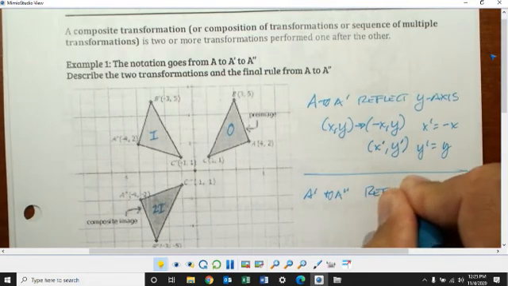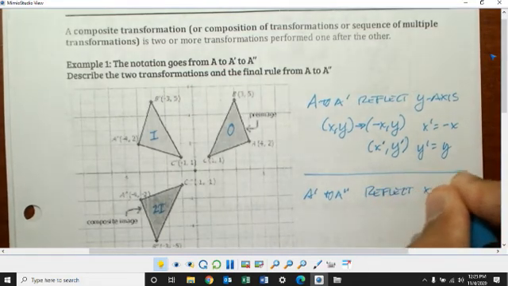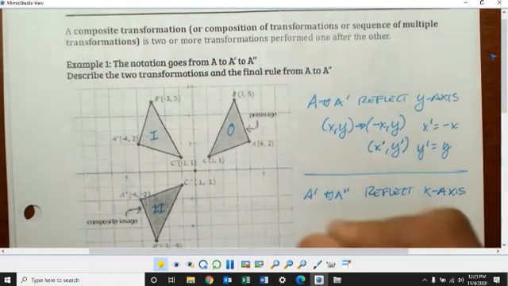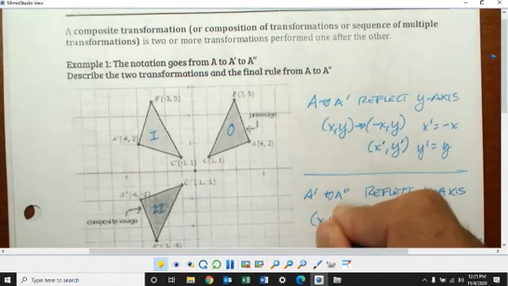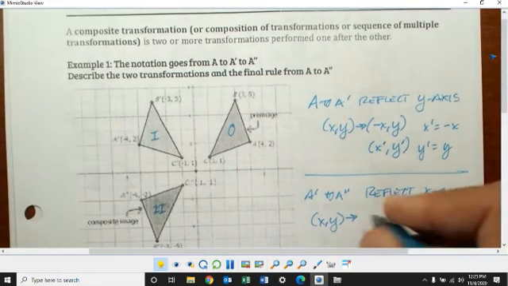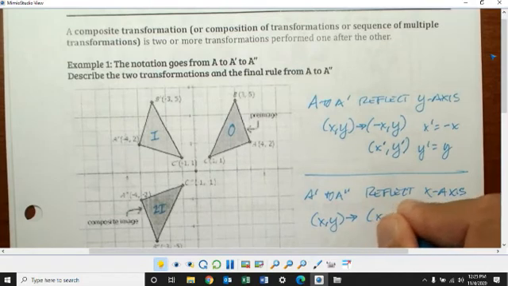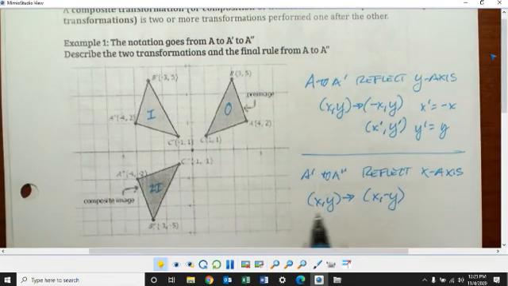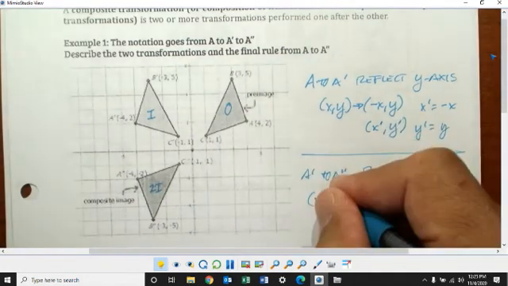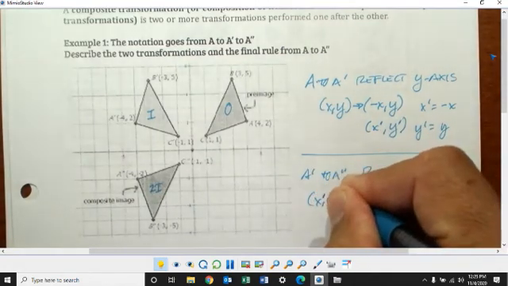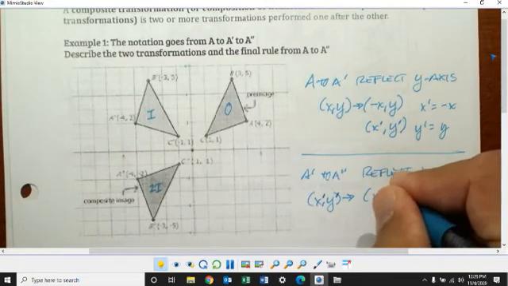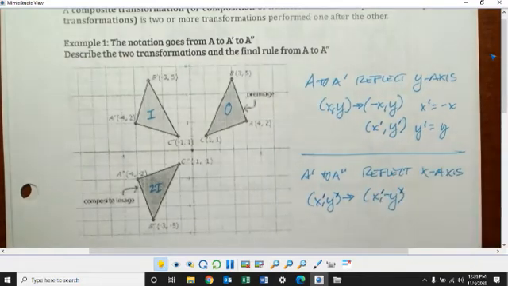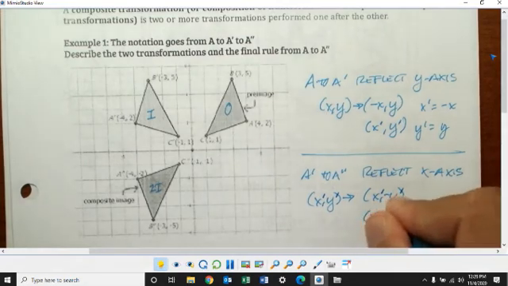We know the rule for reflecting across the x-axis: x, y becomes x comma negative y. But this isn't x, y anymore. This is actually x prime, y prime. So it's going to be x prime, negative y prime. That's what our new points are, and we could call these x double prime, y double prime.